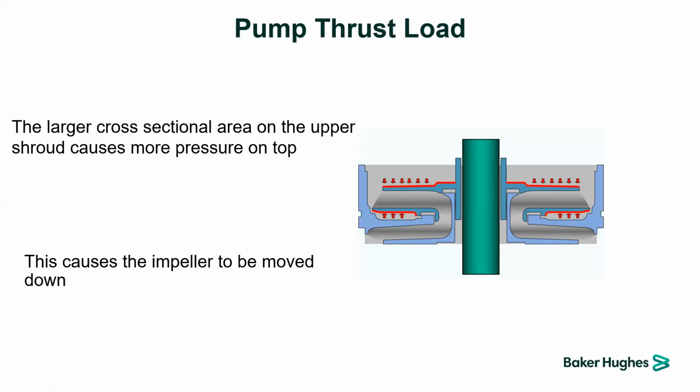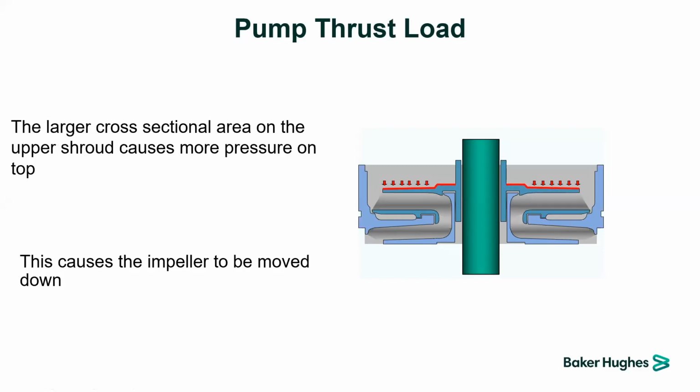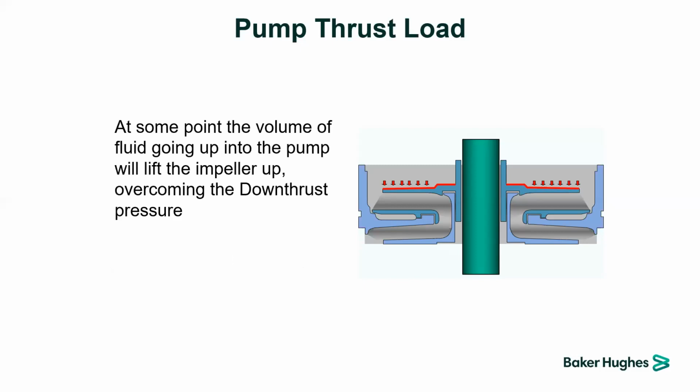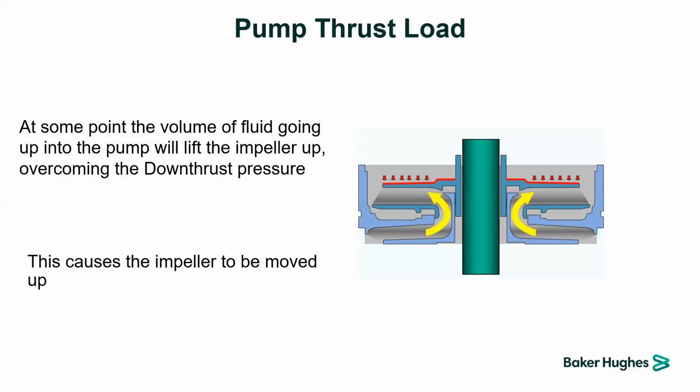The cross-sectional area for the upper shroud is higher than the lower shroud cross-sectional area. So the normal is to have the impeller moved down. At some point, the fluid going into the pump will lift the impeller up, because of the energy of the reservoir itself.